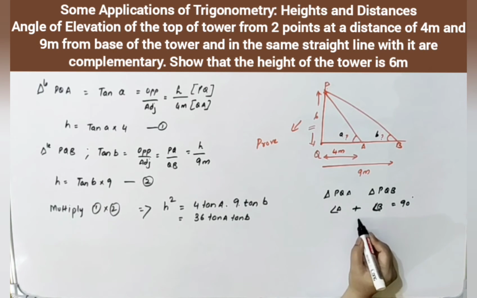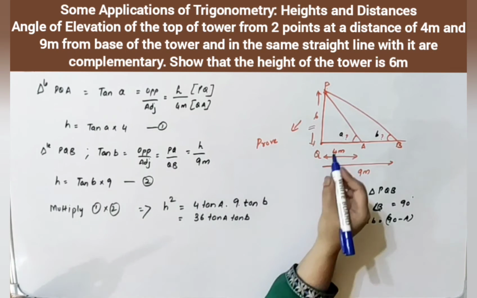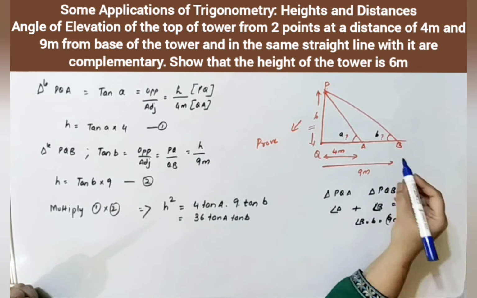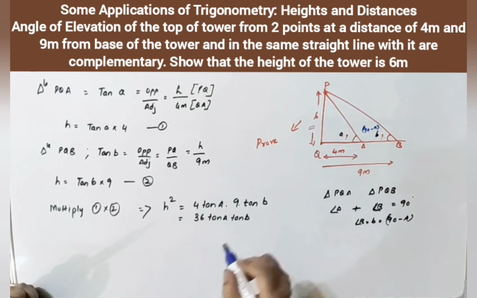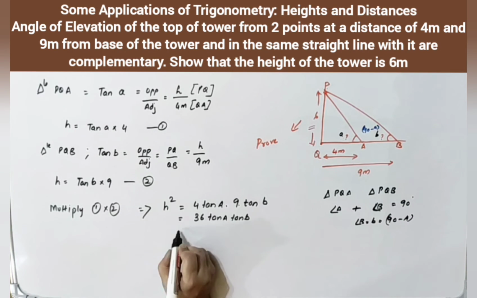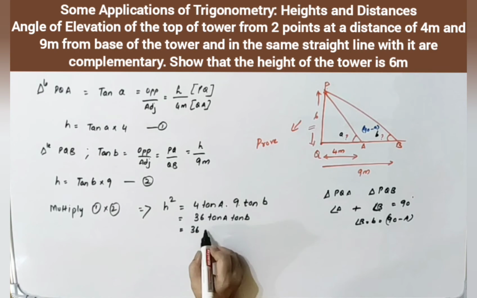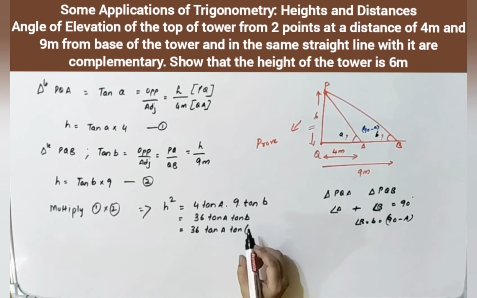So angle B is going to be 90 minus A, right? If this is A, this is going to be 90 minus A, because both the angles are complementary. So we'll keep tan A just like that, and we will write tan B as tan of 90 minus A.